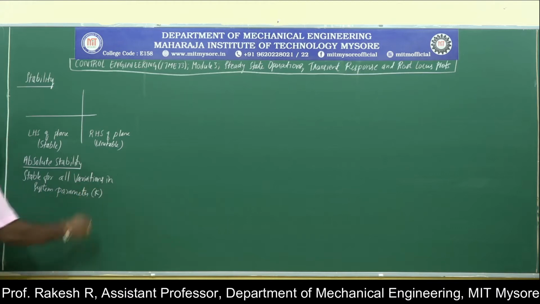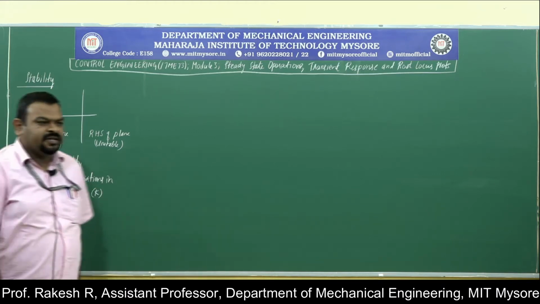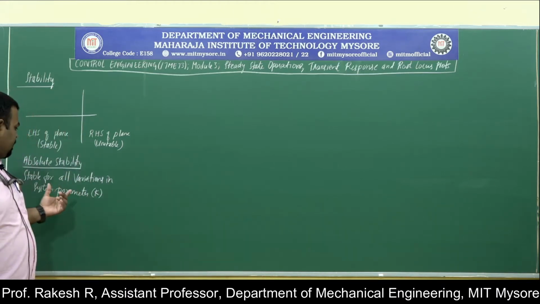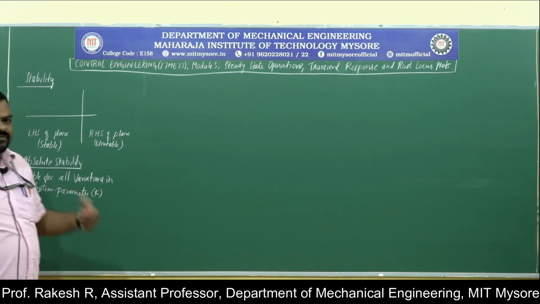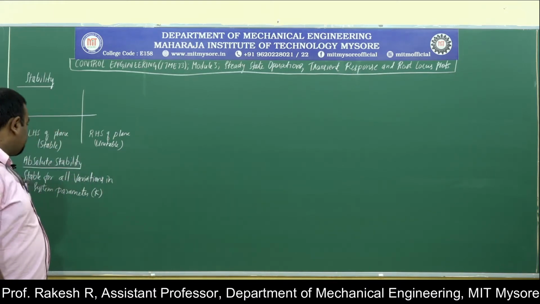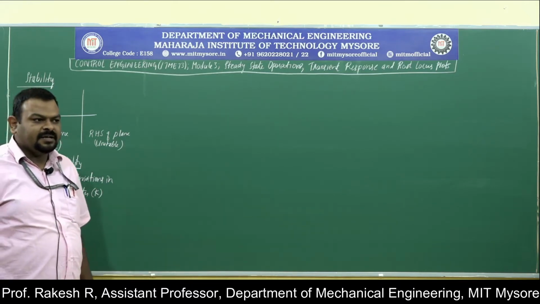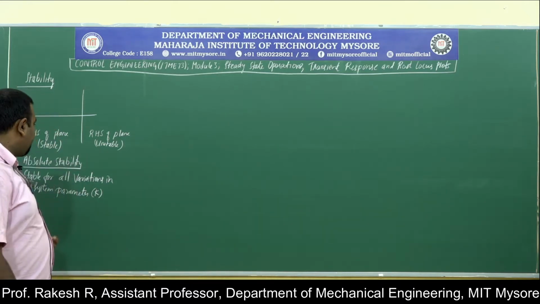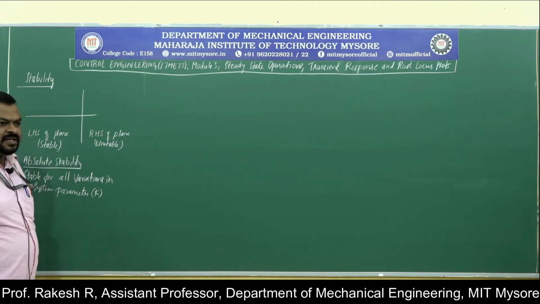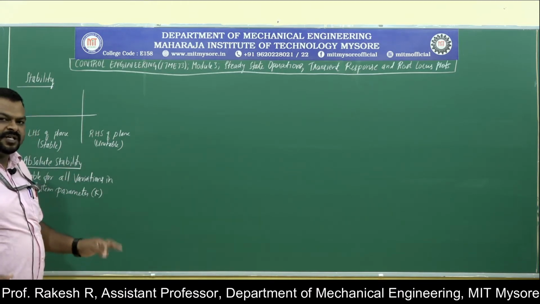The system parameter, we will call it k. It is a constant, or a function of time or function of frequency. That means if the system is stable for all variations of the system parameter, then we will say the system is absolutely stable.